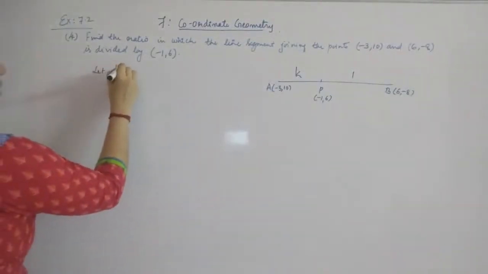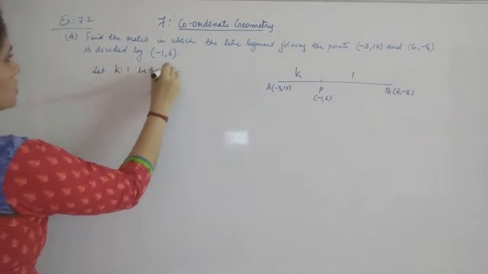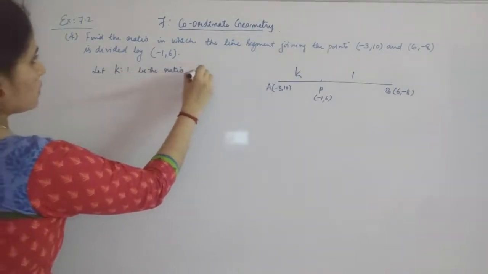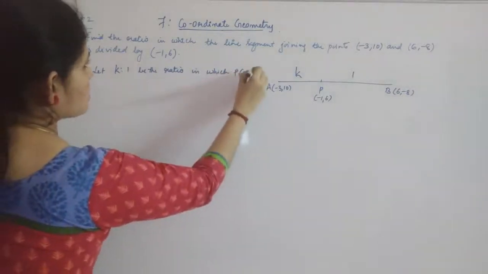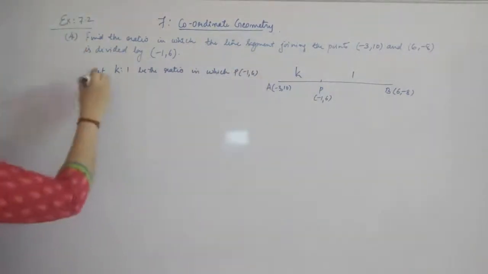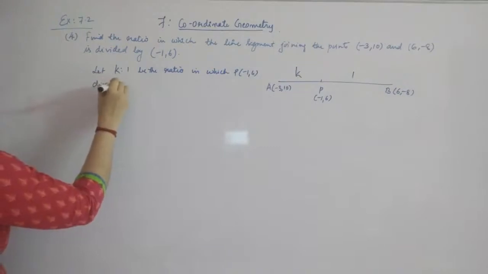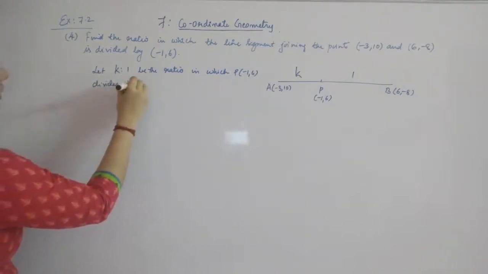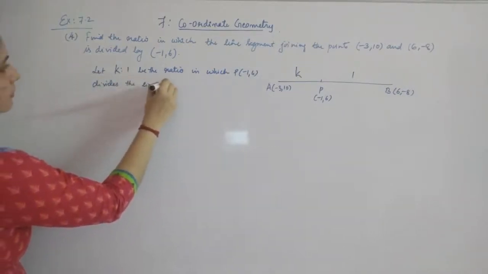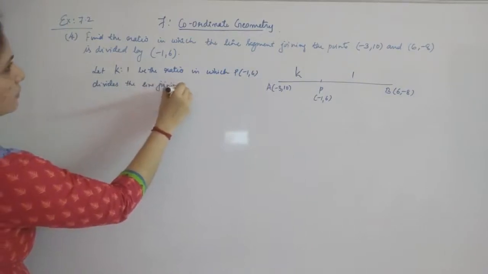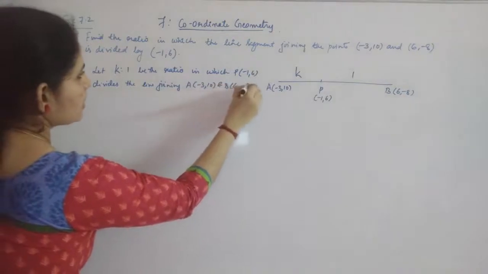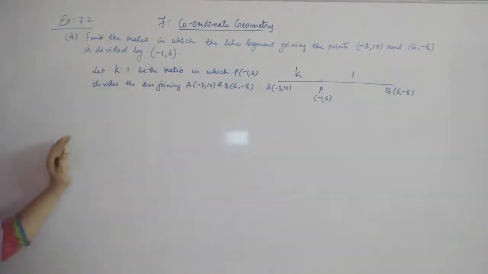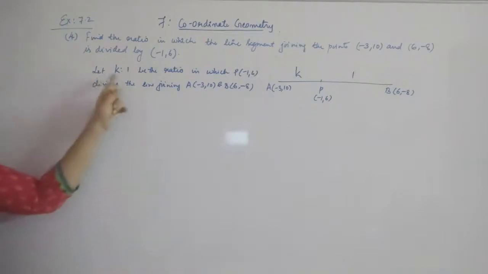Okay, so we are just taking the ratio in which P divides AB to be k:1. Let k:1 be the ratio in which P, which is -1, 6, divides the line joining A -3, 10 and B 6, -8. Now you can use your section formula in order to find out what is that k. Value of k will give you the ratio also.